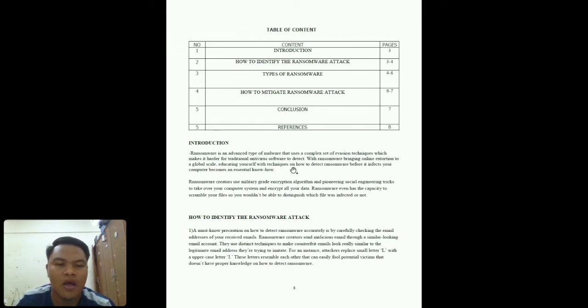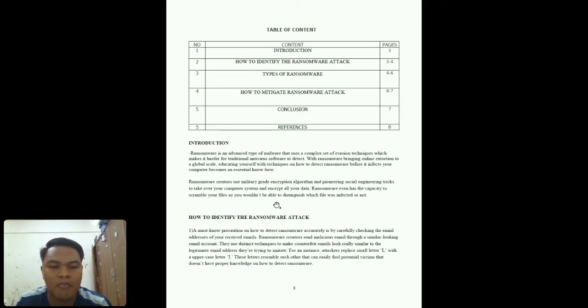Ransomware creators use military-grade encryption algorithms and pioneering social engineering tricks to take over your computer system and encrypt all your data. Ransomware even has the capacity to scramble your files so you would not be able to distinguish which files were infected or not.